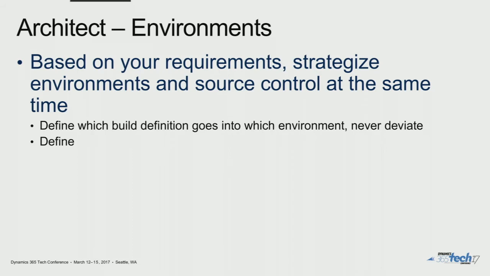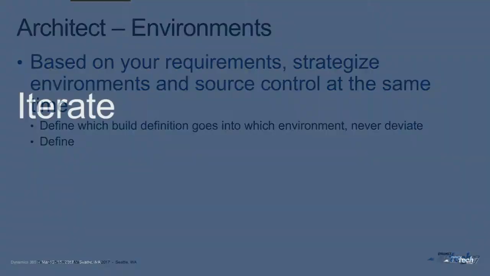Don't move an output of a dev branch into your UAT, and then the next cycle put the release branch in your UAT. It's going to get very confusing for users, and very confusing for the admin and the developer to know, if there are issues, where this code even came from. So set those policies, make a clear chart. It shouldn't be too big, Visio, whatever. And don't deviate.